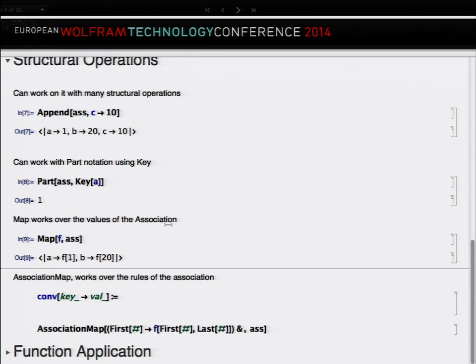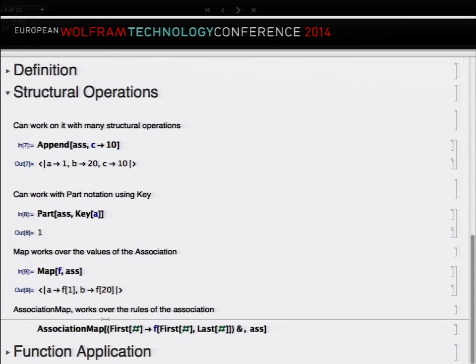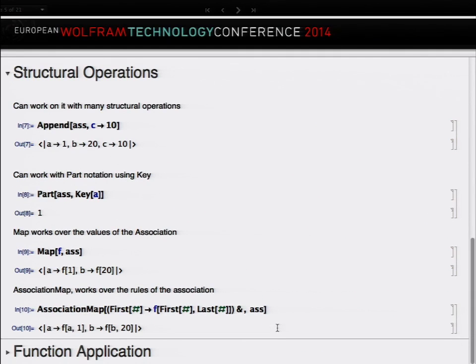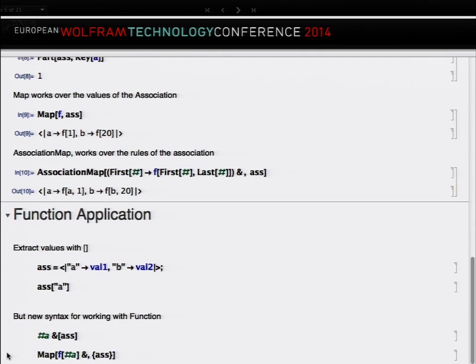The map function applies a function to every element, and that's the same way that it works here. Now if you want your map to work with the keys in the association, we have a thing called AssociationMap, and that's what AssociationMap does there.